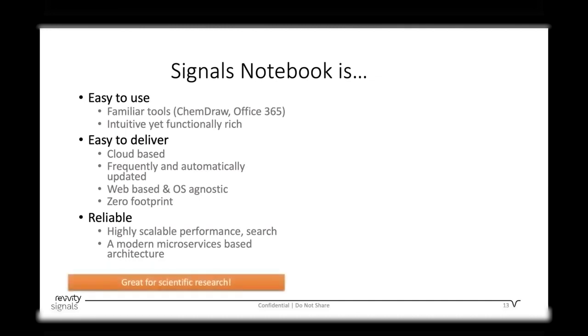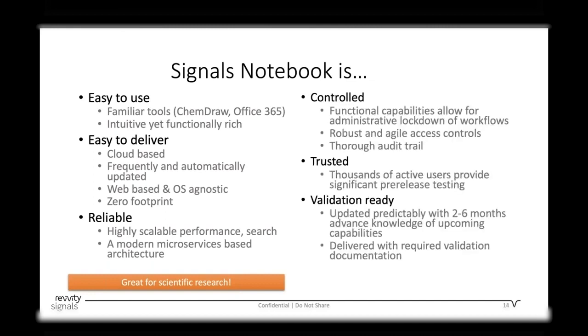And as I mentioned, 6 of 10 leading pharmaceutical companies are using Signals Notebook amongst many, many more other organizations. So it's well established and well known in that scientific research space. It's less well known in that regulated space, but it's still actually great there.